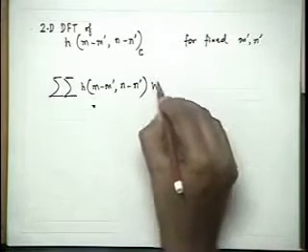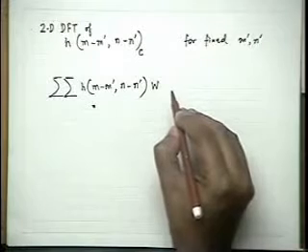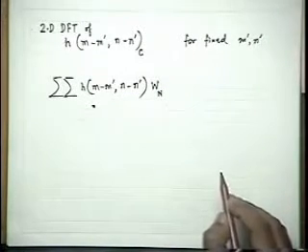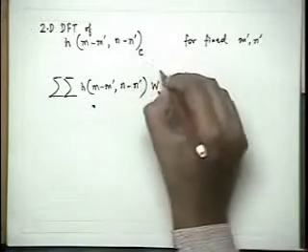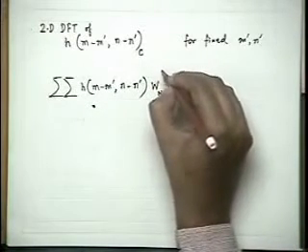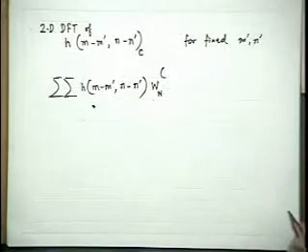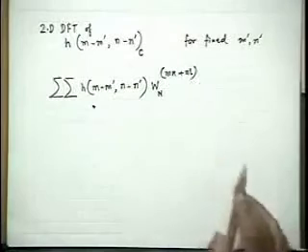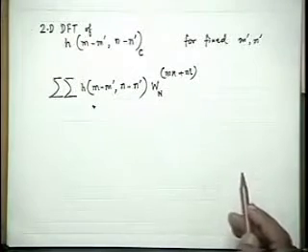The W term to the base capital N, because there are capital N number of points, and capital N is the length of the sequence, and this is raised to the power mk plus nl, where k and l are the indices in the frequency domain, and m and n are the indices in the spatial domain.